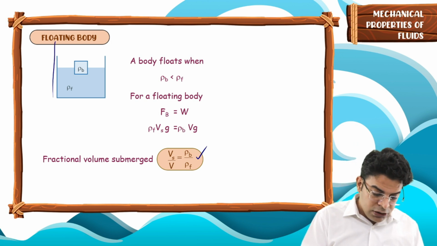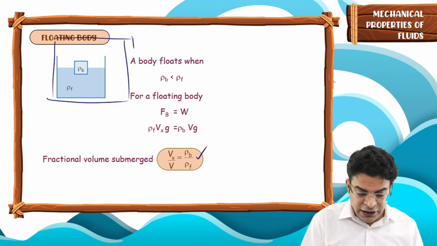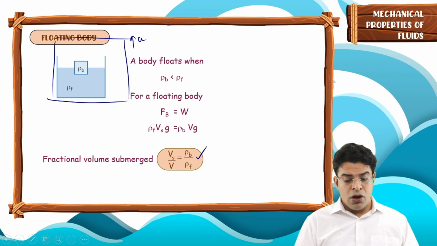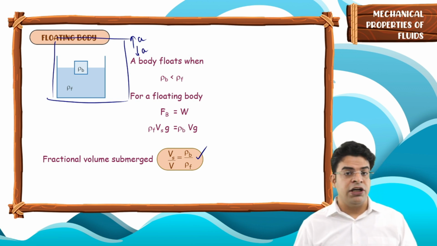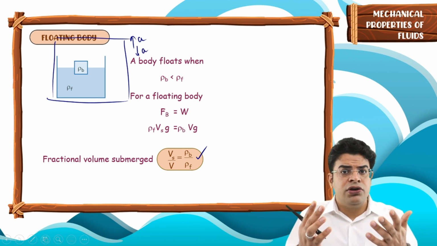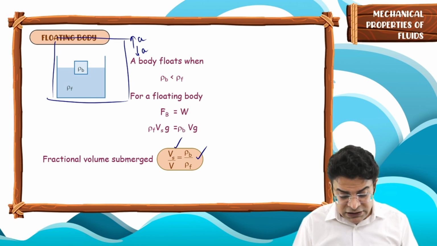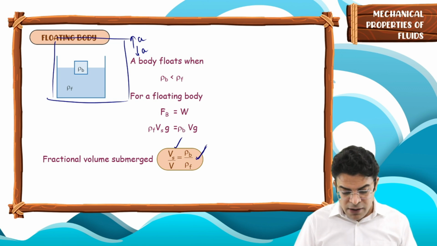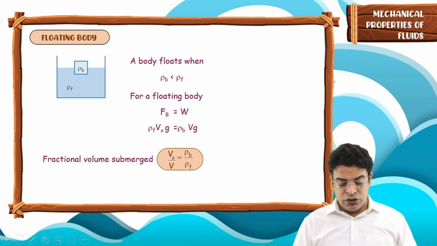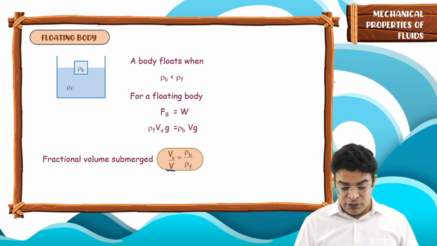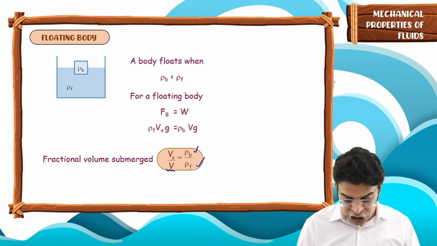So if we put this whole system into a lift accelerating upward or downward with an acceleration a, g will change to g plus a or g minus a. But since the fractional volume submerged is independent of g, you will end up getting the same answer. So the fractional volume submerged equals the density of the body upon the density of the fluid.